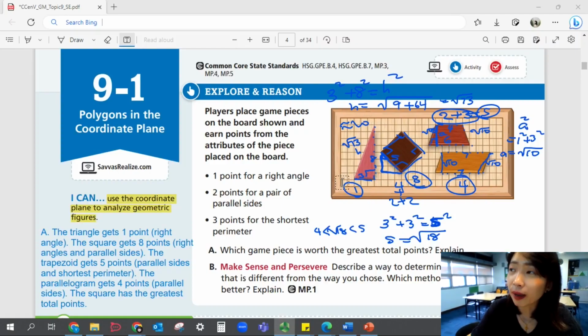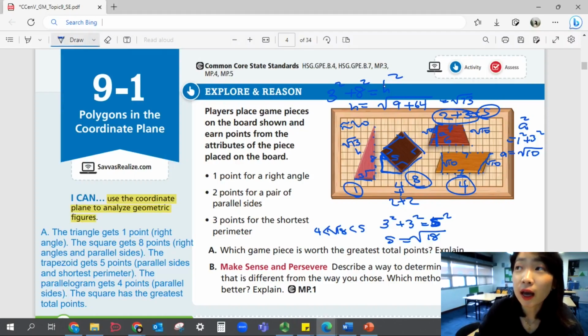But what is another way that we could have used? You could have just used estimation like I did in the beginning, but if you used a calculator afterwards, then you just use the Pythagorean theorem with the accuracy.